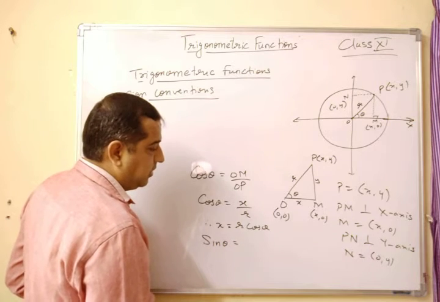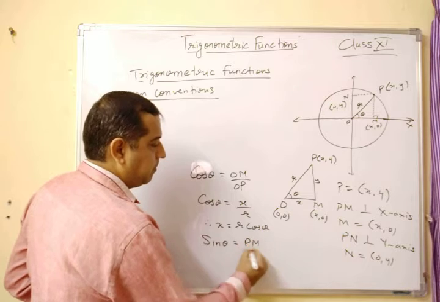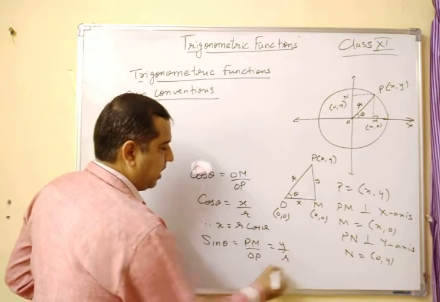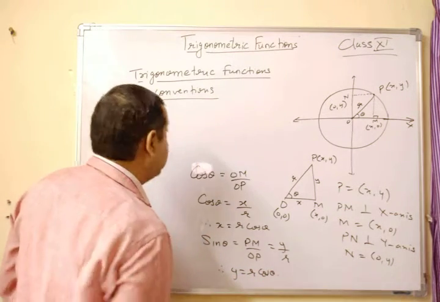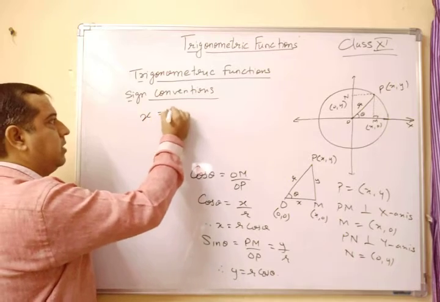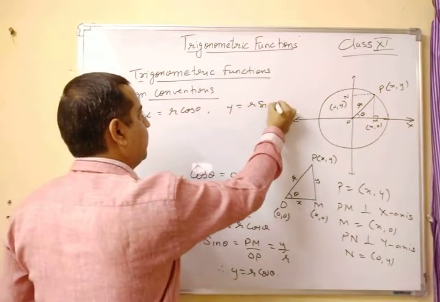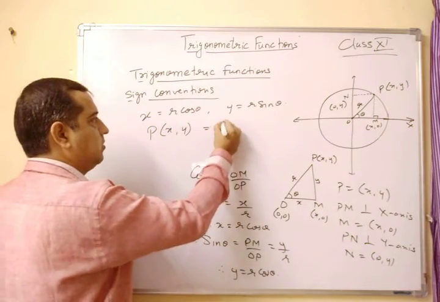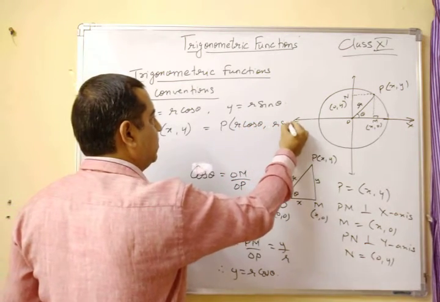Sin theta is opposite upon hypotenuse, meaning PM upon OP. PM is y upon r, and therefore y is equal to r sin theta. So x is r cos theta and y is r sin theta. In short, P(x, y) will be P(r cos theta, r sin theta).